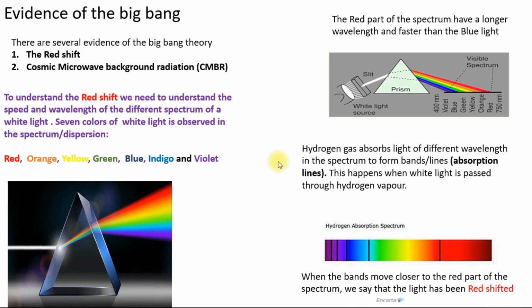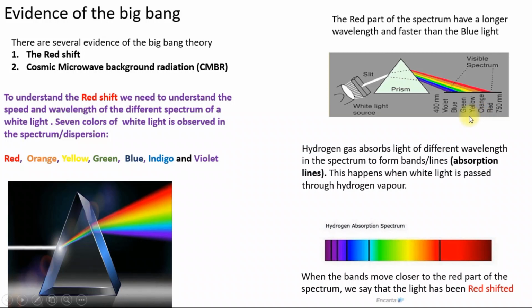The red part of the spectrum has a longer wavelength. Recall that speed is proportional to wavelength. So the red colored light part of the spectrum is roughly 750 nanometers in wavelength, while the violet has the lowest wavelength.